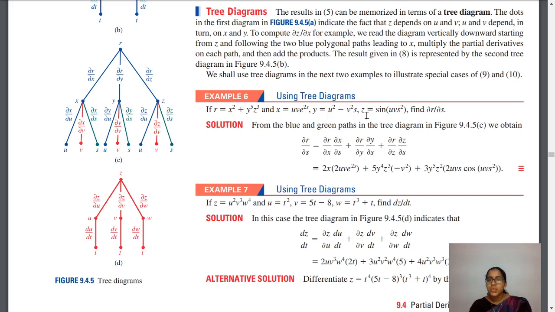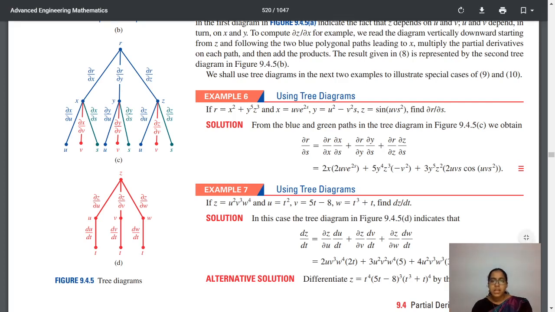And similarly, dou r by dou z is 3 into z square into y raised to 5. And what is dou z by dou s? It will be cos uvs square into 2uvs. We have to differentiate this term also. So that is cos uvs square into 2uvs. This is how we find it.